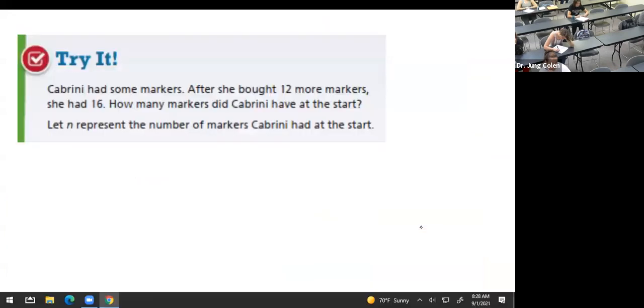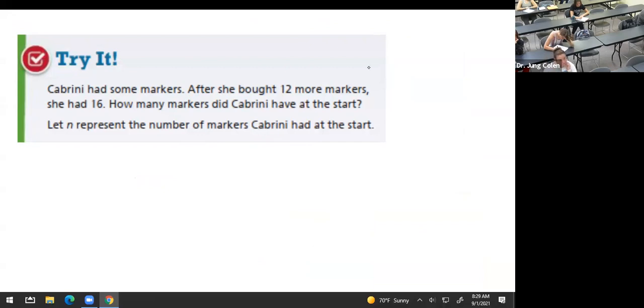Okay, here's another example that we need to think about. Cabrini had some markers. After she bought 12 more markers, she had 16. How many markers did Cabrini have at the start? And n represents the number of markers Cabrini had at the start. So tell me about this.